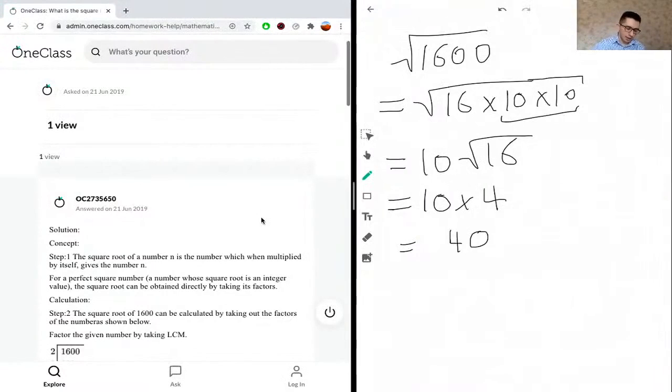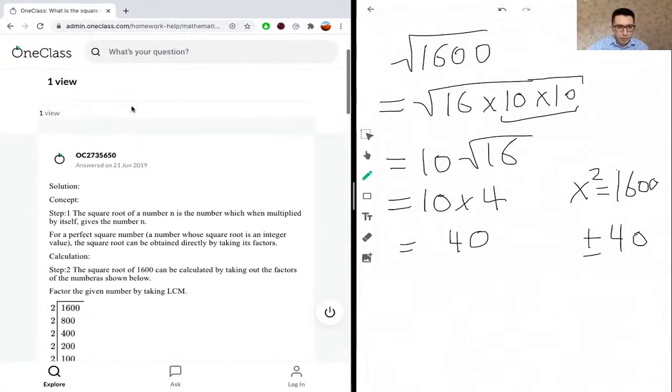So if it gives us x squared equals 1600, and we have to solve for x, then in this scenario we'd say the answer is plus or minus 40. But if it's just asking us for the positive square root of 1600, then we can just say the answer is positive 40.